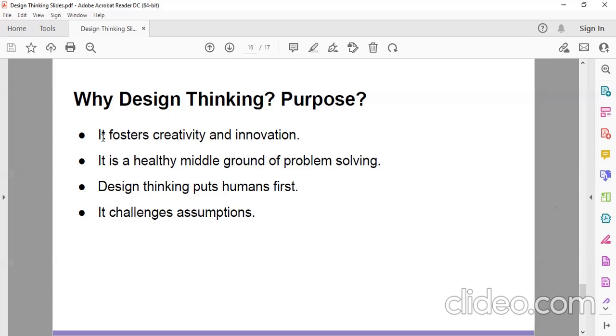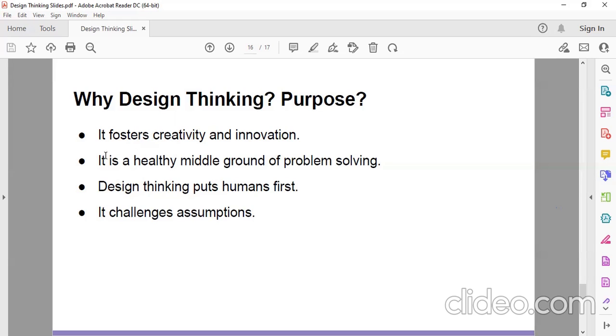But here, with design thinking, we'll be thinking more to come up with new creative and innovative solutions. So we'll come up with ways that do not abide by the most common problem solving method. Okay, so that's what is meant by the first point.